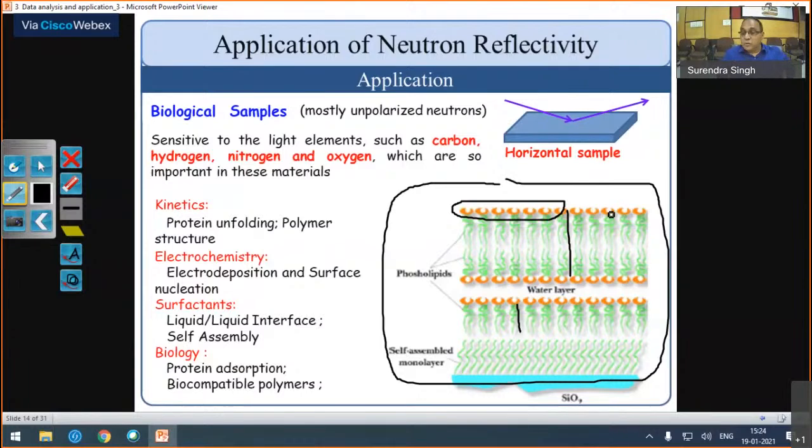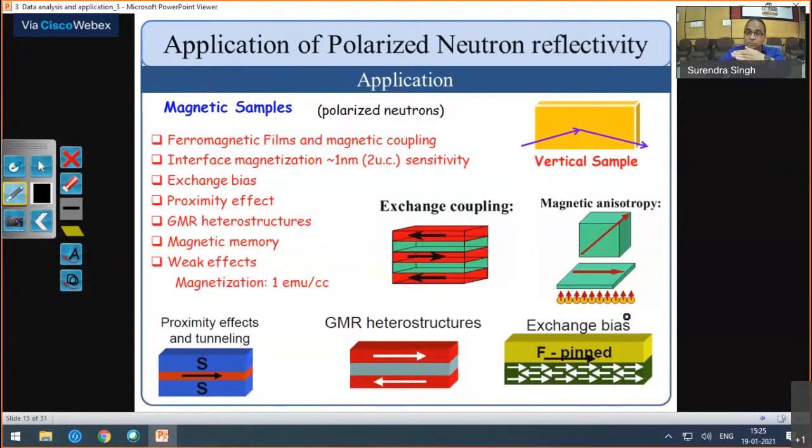In thin films and multilayers, there are so many applied phenomena like exchange coupling, where two ferromagnetic layers are coupled antiferromagnetically when you separate them by some oxide or some layer. This has a special application in memory.